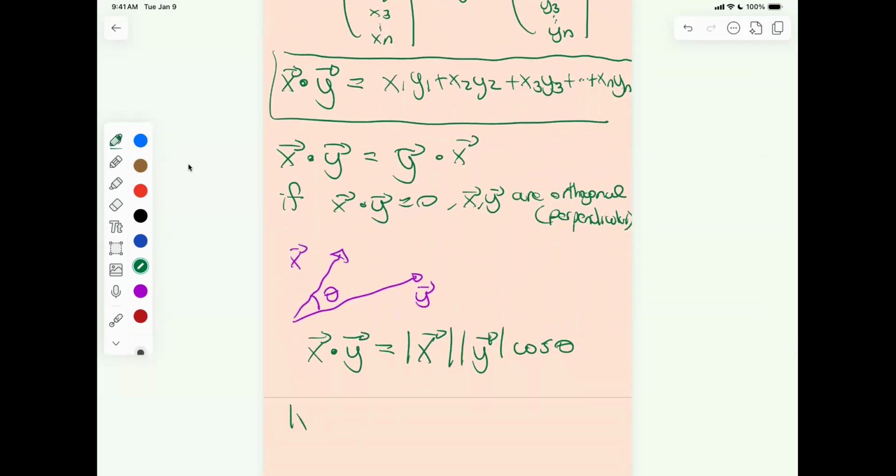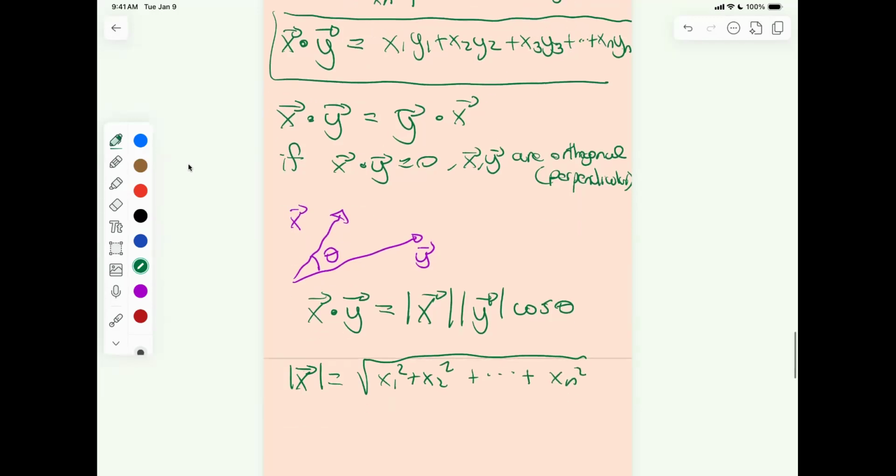I'm trying to remind you of the basics as we go along, because those are things that are easy to forget.